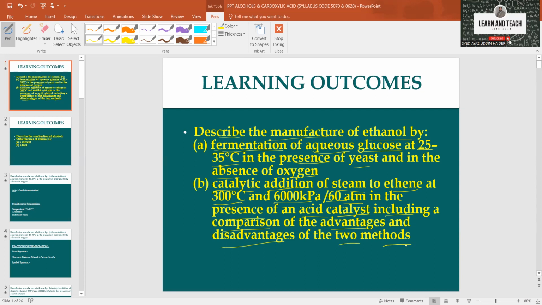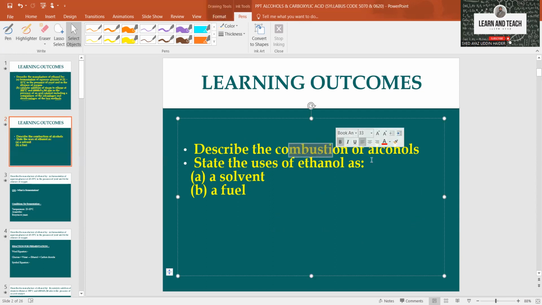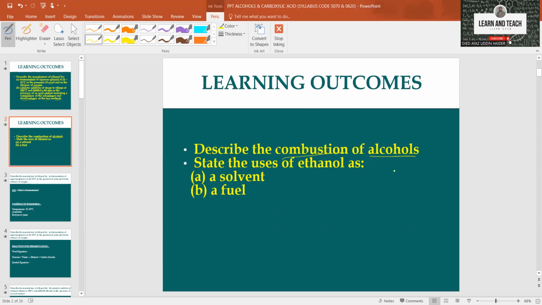So I will talk about the advantages and disadvantages of the two methods in terms of the time, labor, conditions, and other things. Describe the combustion of alcohols. State the uses of ethanol as a solvent, a fuel.